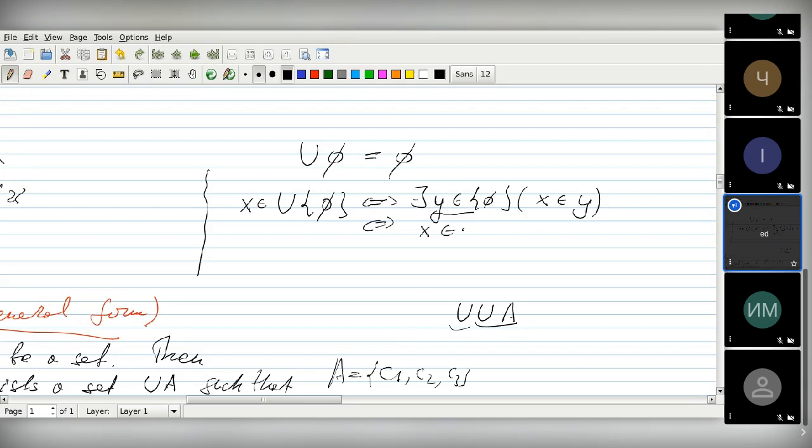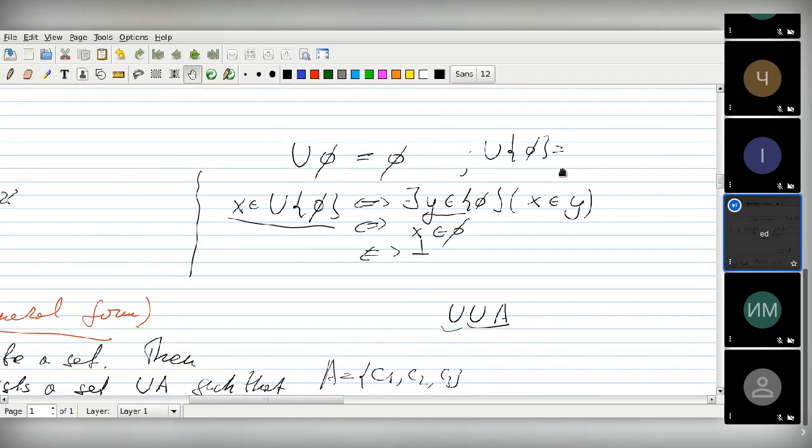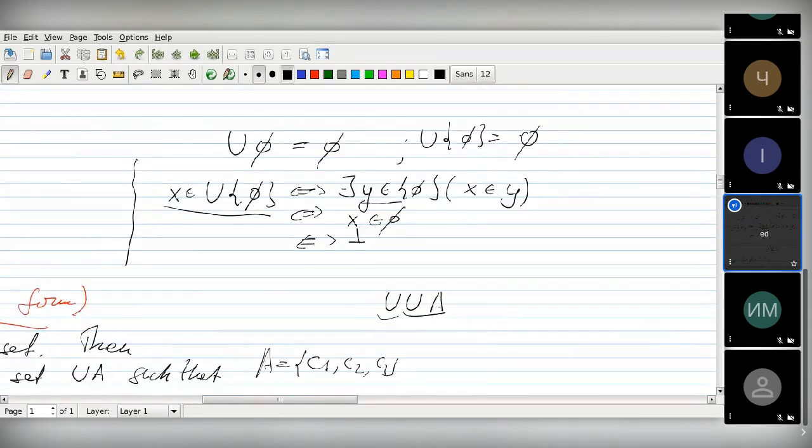So that means that X is an element of the empty set, which is not possible. So the union of this set is also the empty set.